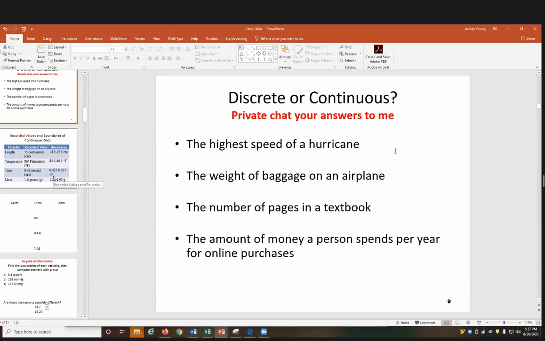Well, discrete can be whole numbers, but it can also be decimals if it's a certain number of decimal places. Money is two decimal places, right? Our money is like $14.13. I'm never going to have $14.137 in my pocket.